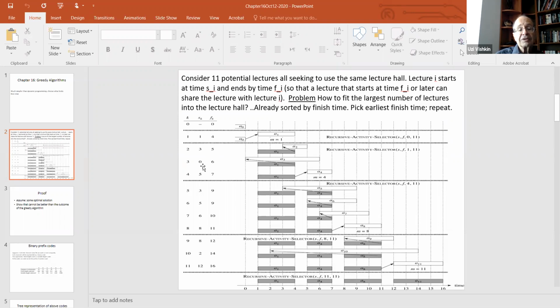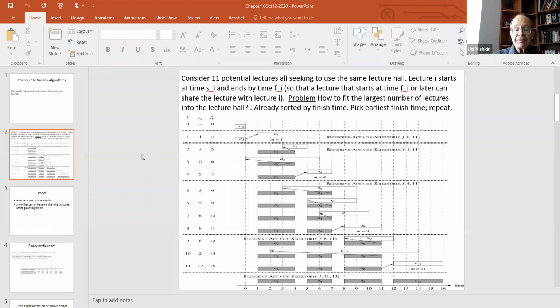Lecture 3 starts at time 0, ends at 6, and so on. Okay. So for each lecture, we are given start time and end time, and the assumption is that they run continuously. So they start and end, and they need the lecture hall all throughout. What is the objective? The objective is how to fit the largest number of lectures into the lecture hall.